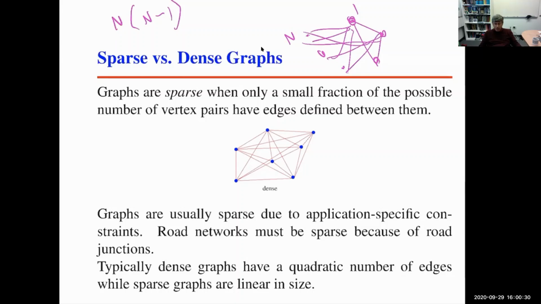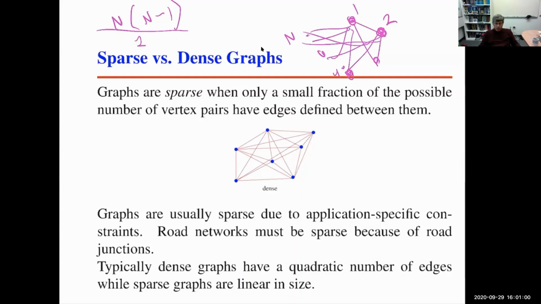And note that I've counted each edge twice. If I have an edge from 2 to 4, I counted it in 2 and I counted it in 4. So this is the maximum number of edges that I can have, something that's basically like n choose 2, basically n squared over 2.